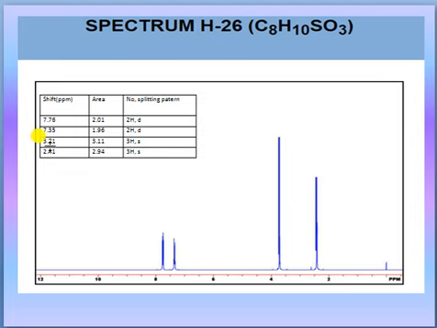Now see the value. The area value is 3 and 3. Both we will consider 3; 3.11 we will consider as 3. Earlier we told that it cannot be a decimal value. So both are 3.